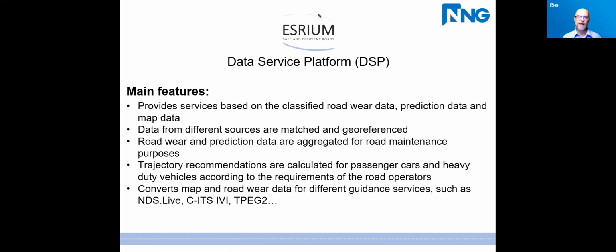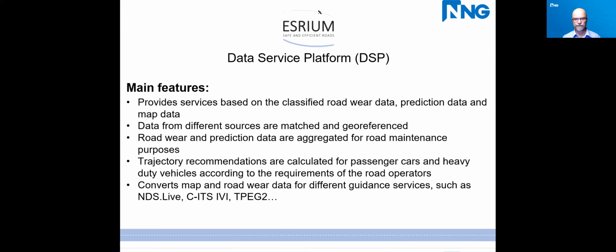And of course, it will convert map and roadware data to different guidance services, such as NDS Live, Cooperative ITS, IVI, in-vehicle information services, or even TPEG2. Roadware provisioning is a huge potential for future services.